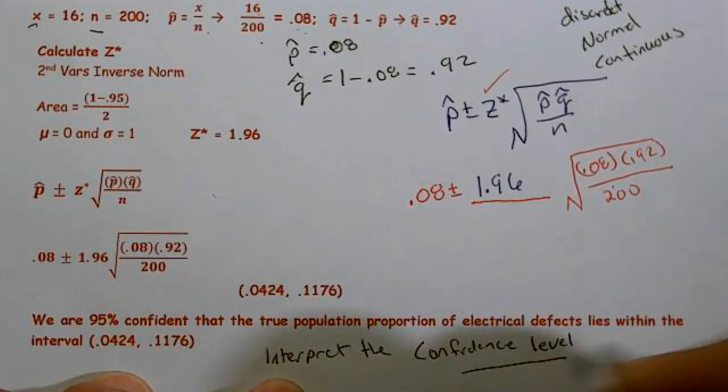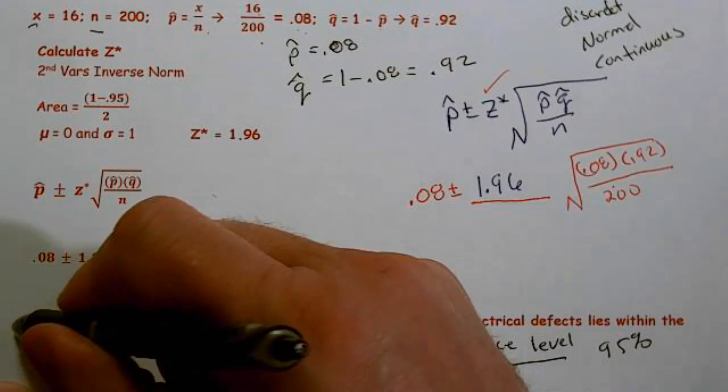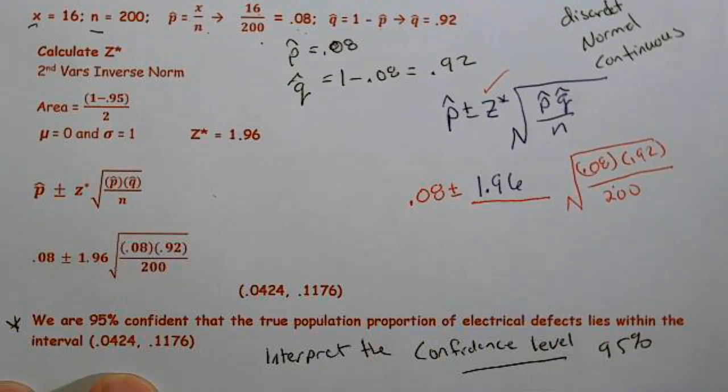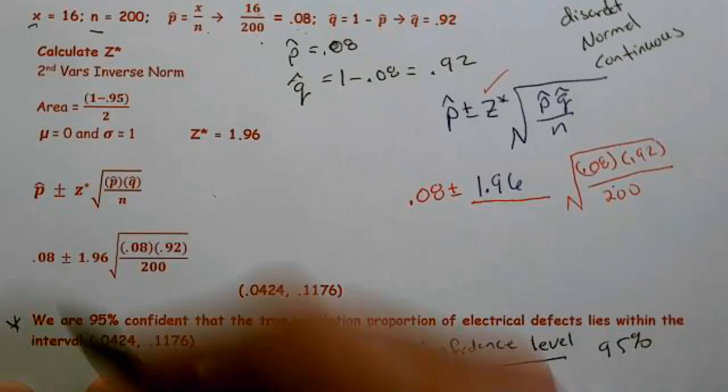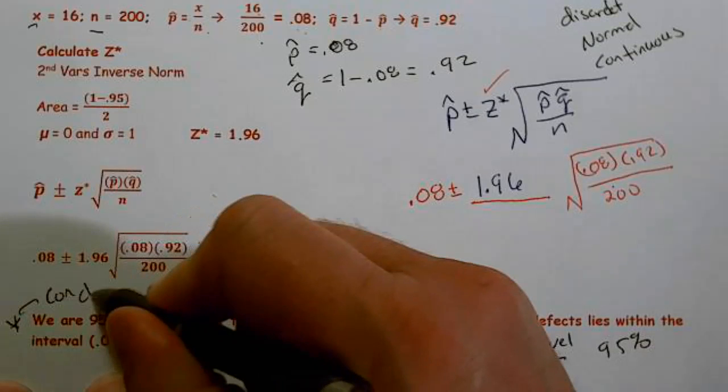And my confidence level is 95%. And if they asked for me to interpret the confidence level, I would have to say the repeated sampling part. They did not, so I didn't do it. This is the conclusion right here. And you always, always, always, always have to include the conclusion. All right.